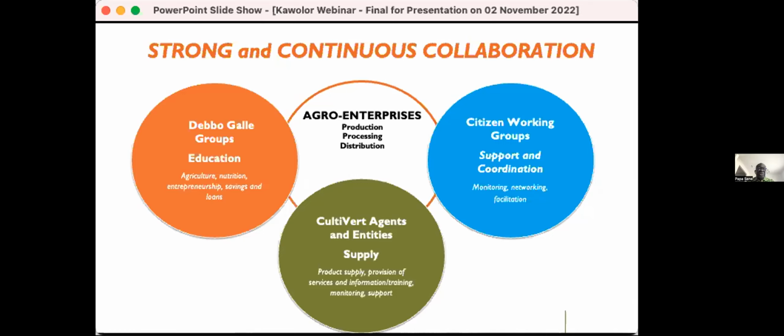You should see the entire slide as representing a system, because they work together. If you take them independently, you may lose the benefit of the interaction among themselves. Next slide, please.